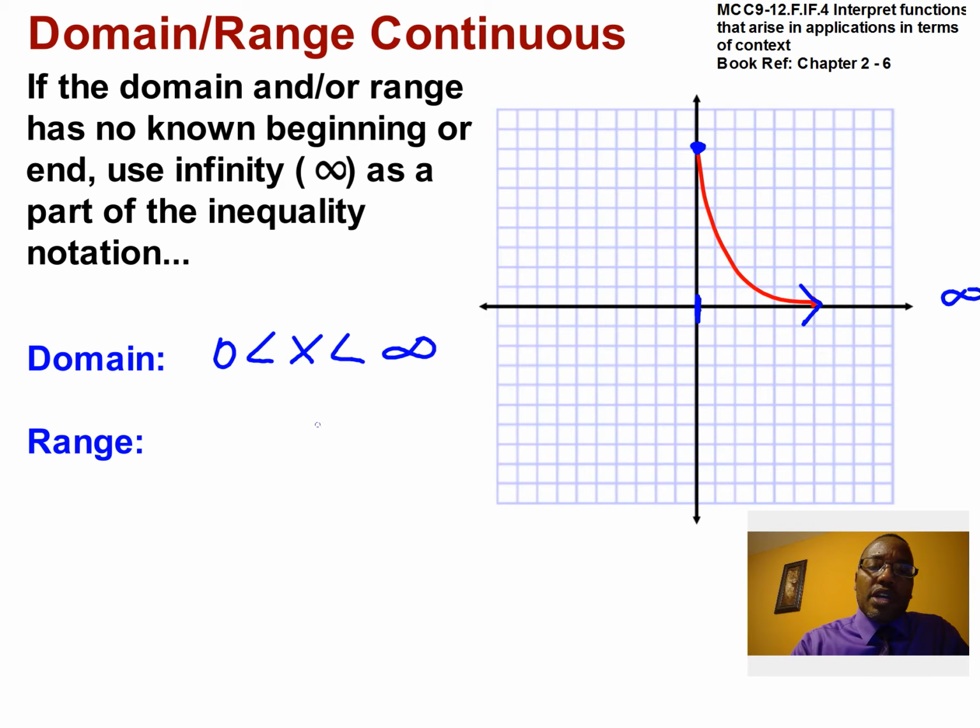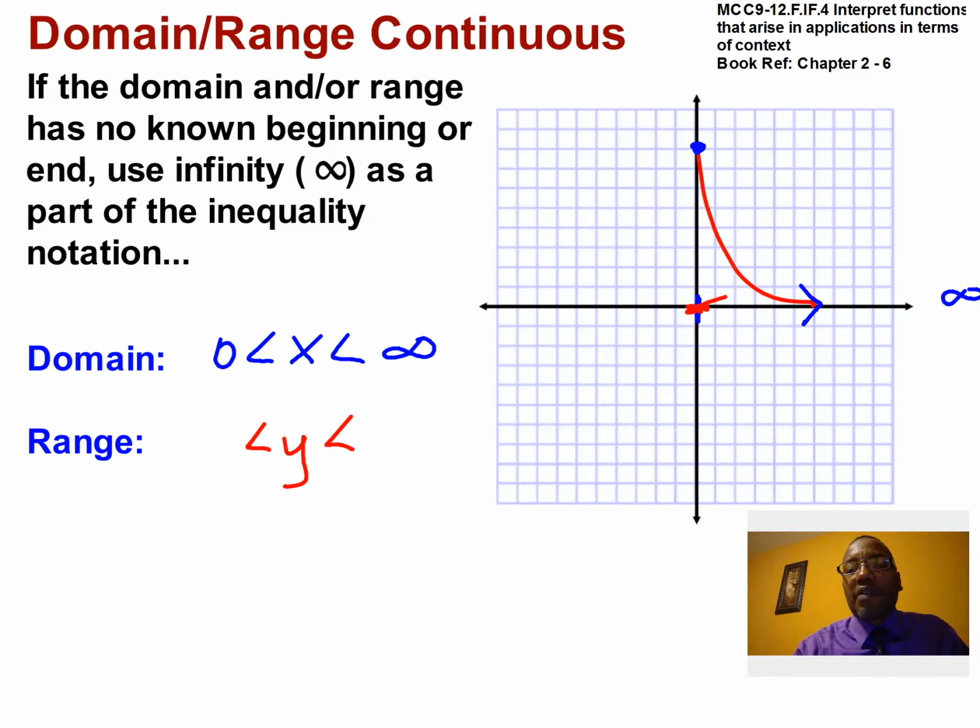The range, on the other hand, and this is a tricky one, but the range will be from the bottom of the graph to the top. Notice the bottom here is at y being 0. And then the top is at 8. A very tricky situation.